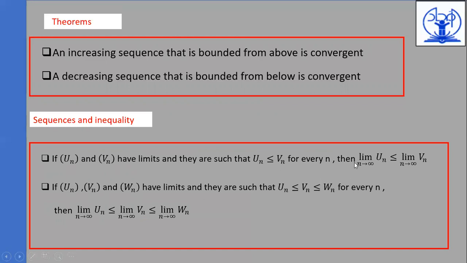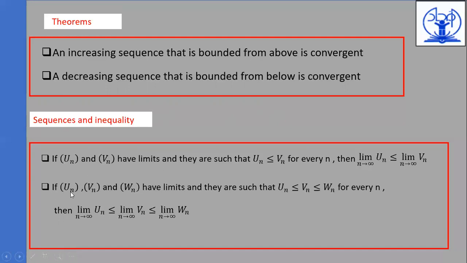So the relation between the limits, if they exist, will be exactly as the relation between the sequences. By the way, this theorem holds true also for functions. If you have a function f of x which is less than g of x for all x, and if the limits exist, then the limit of f of x must be less than the limit of g of x.